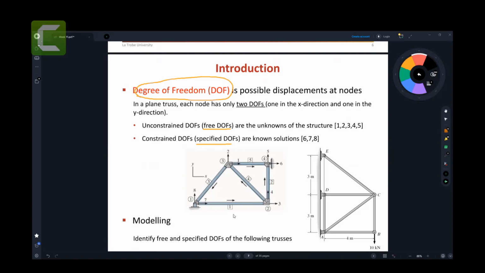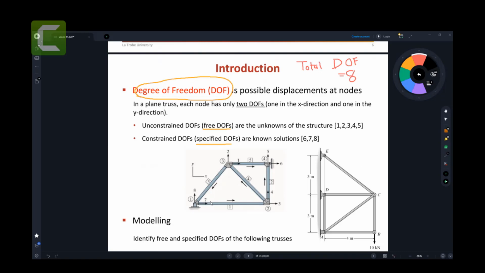How many total degrees of freedom are there in this problem? In here, total 8 degrees of freedom. I agree with you. There are 4 nodes, and each node has 2 degrees of freedom. So total 8 degrees of freedom.